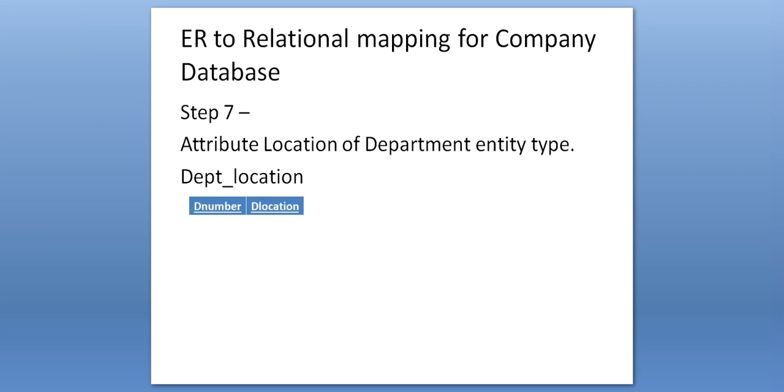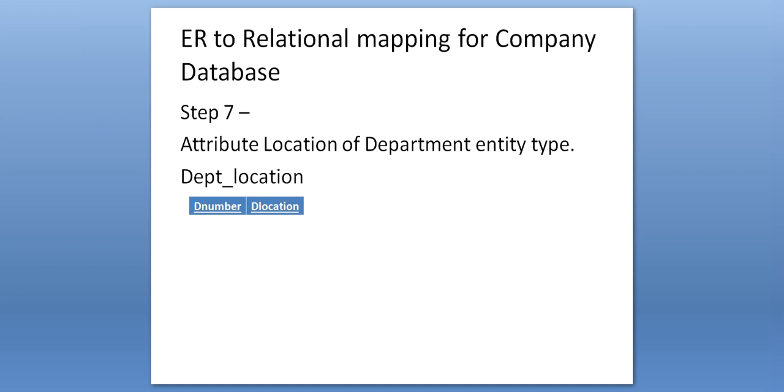Because step number 6 is for mapping an n-ary relationship type, isn't it? But in this ER diagram for the company database, there is no such relationship type. If in your example there is any n-ary relationship type, then for that relationship type you have to use the relationship relation approach.